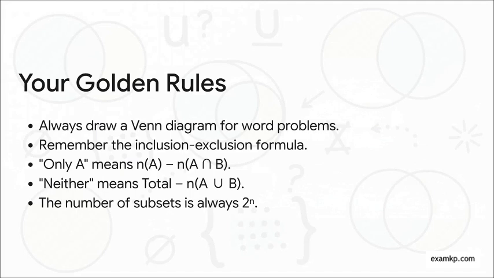It really helps you visualize everything and avoid simple mistakes. Remember your key formulas, the one for union, the one for only, for neither, and for subsets. And finally, just take your time to translate the English in a word problem into the mathematical language of sets. You follow these steps and you simply cannot go wrong.